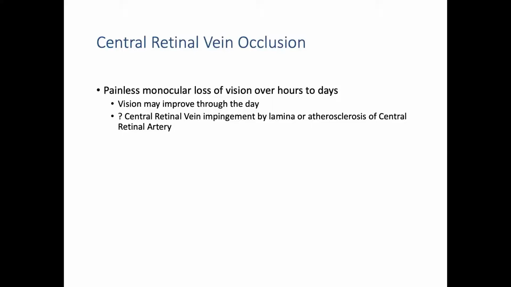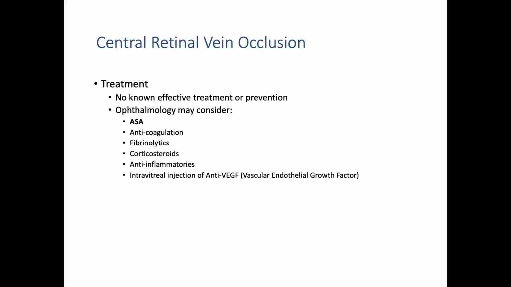Central retinal vein impingement by sclerosis of the central retinal artery. That's a theory behind it, but nobody really understands it fully. Treatment: there's no known effective treatment or prevention. They may consider aspirin or anticoagulation. According to Dr. Smers, they're now using intravitreal injection of anti-VEGF, which is vascular endothelial growth factor. The big thing with these cases is that they can present with new vessel development, and that could cause glaucoma in the future.